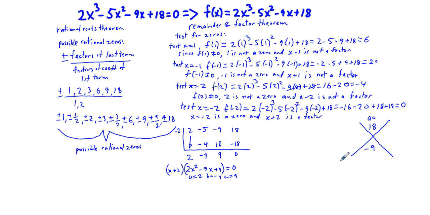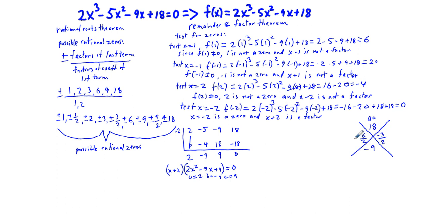So what two numbers multiply by each other to equal 18, but when added together equal negative 9? Well, I think for that we should get negative 6 and negative 3. Is that right? Yeah, that's right. And then we put over A, and what is the value of A? Well, 2.